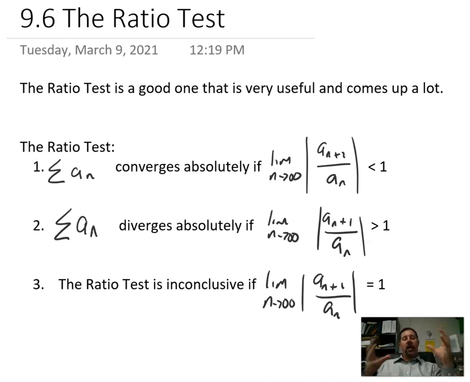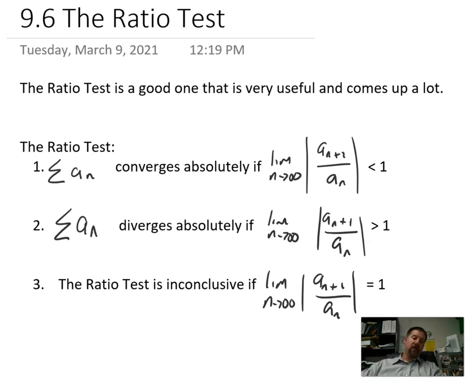If you look at that ratio as n goes to infinity, if it is less than 1, then the series is going to converge absolutely, right? A series diverges absolutely if the limit as n approaches infinity of a sub n plus 1 over a sub n is bigger than 1. And then the ratio test is inconclusive if this limit is equal to 1.